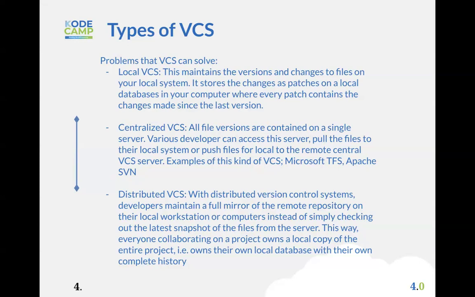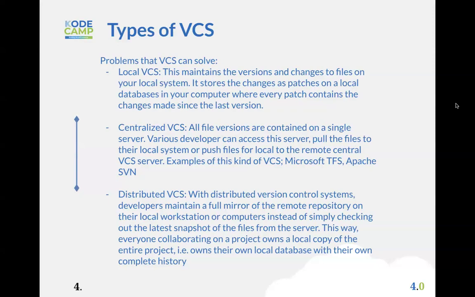You have a remote repository, and you have your local repository too. So all the changes that are made on the local repository are also available on every developer's local repository on their different systems. And this kind of system is called a distributed version control system.